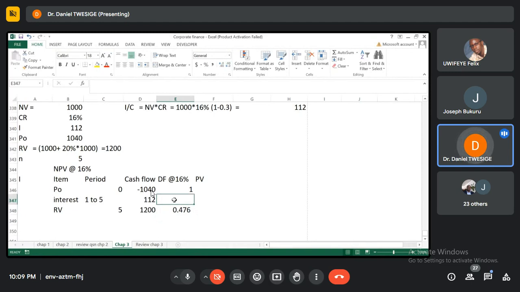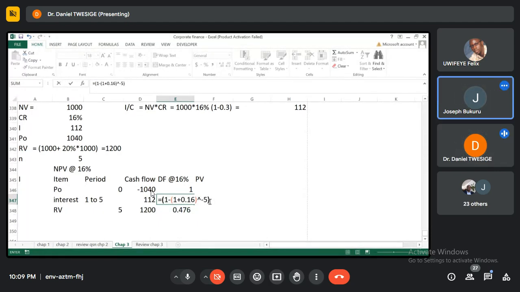This one is constant from year 1 to year 5, so I must use an annuity, or you can read the table because you have the table. 1 minus 1 plus 0.16 power minus 5, divided by 0.16.